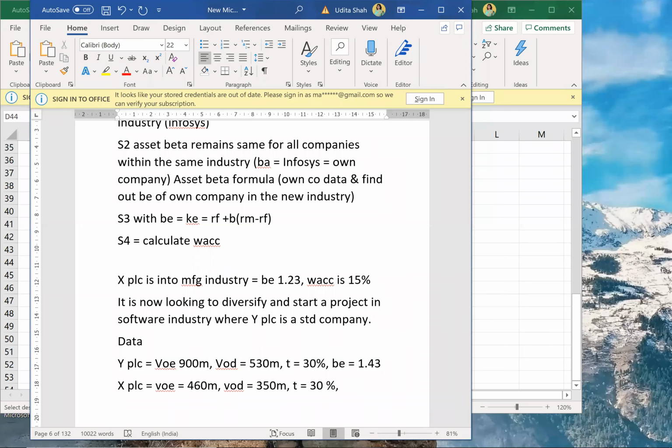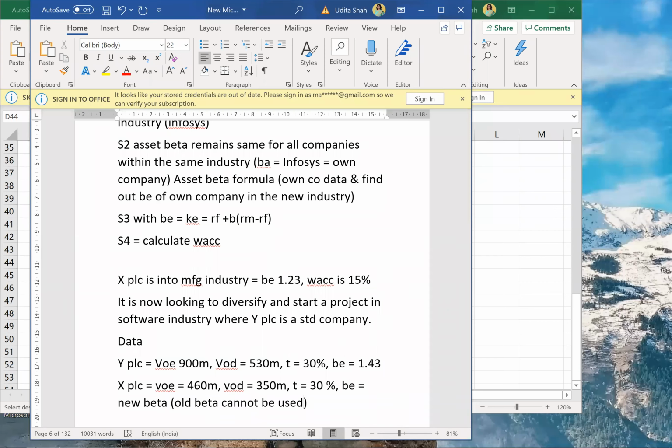And now guys, pay attention. Can I take XPLC's beta of equity as 1.23? No, because XPLC has gone into a new industry. If it has gone into a new industry, it will have new risk, so it will have a new beta, and the old beta cannot be used.